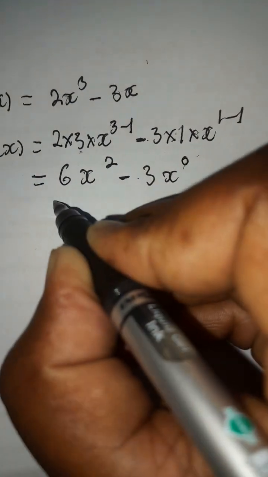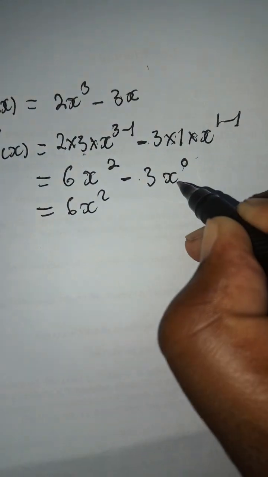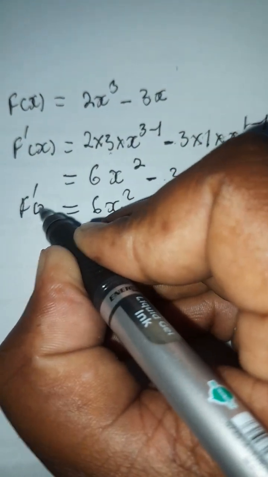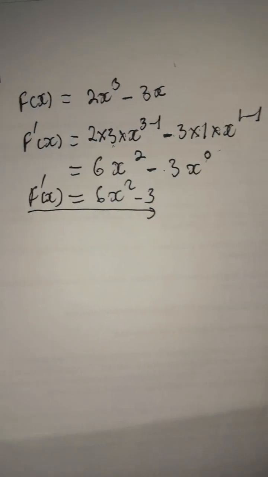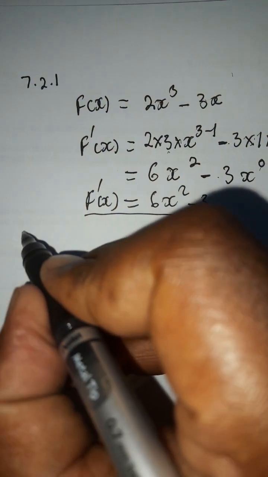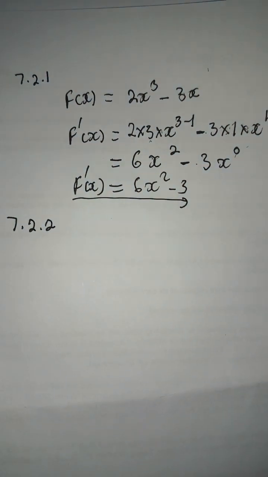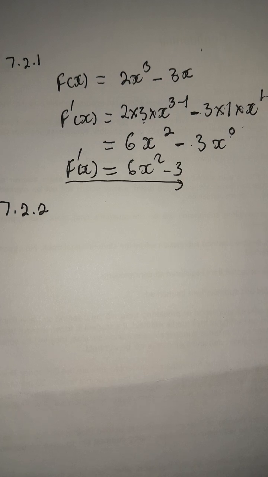That will be x to the power of 0. So we have what? 6x squared. What is x to the power of 0? That's 1. 1 times 3, that will be negative 3. So you have this as your solution. I hope you have seen how we work out 7.2.1. That's your 2 marks, right? So let's go to 7.2.2.